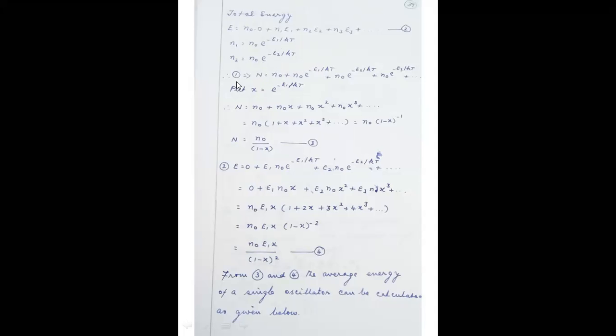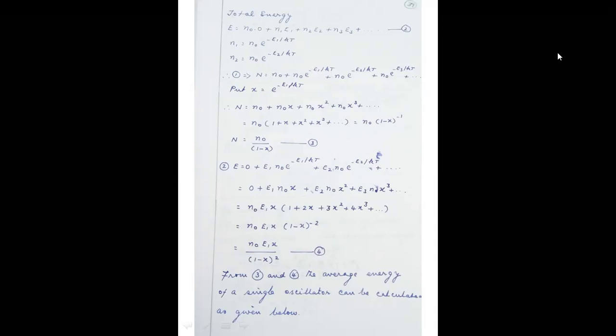So from equation 1, the total number N is equal to N0 plus N0 e to the power minus E1 by kT plus N0 e to the power minus E2 by kT plus N0 e to the power minus E3 by kT, and so on. In order to simplify the equation, I am putting e to the power minus E1 by kT as x.